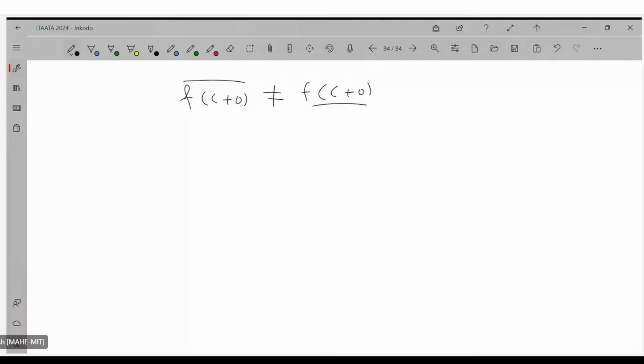In this case we will say that f has infinite oscillatory discontinuity at the right of c.